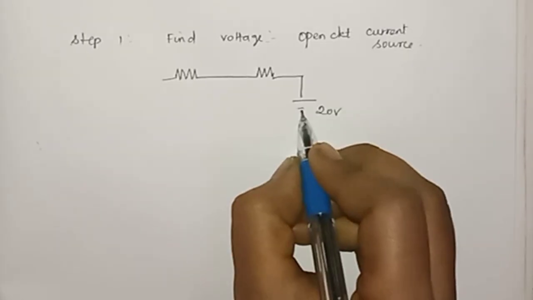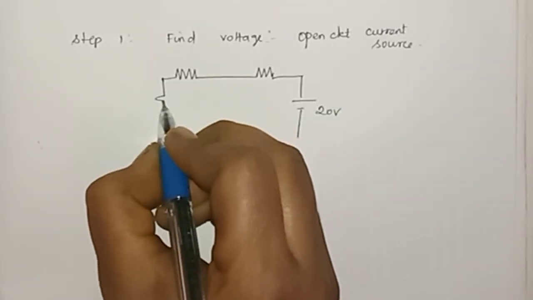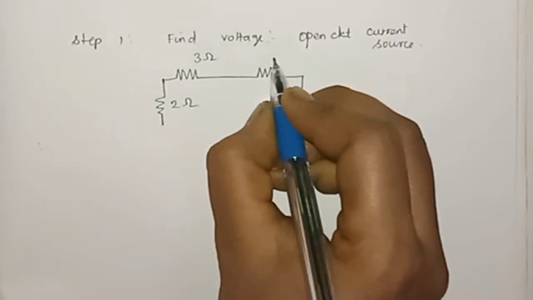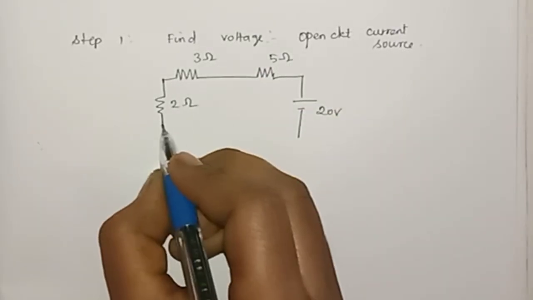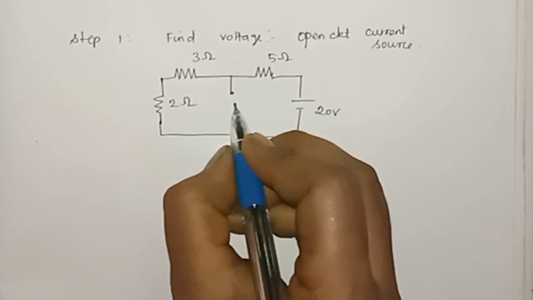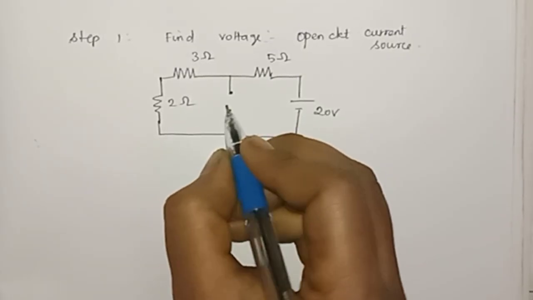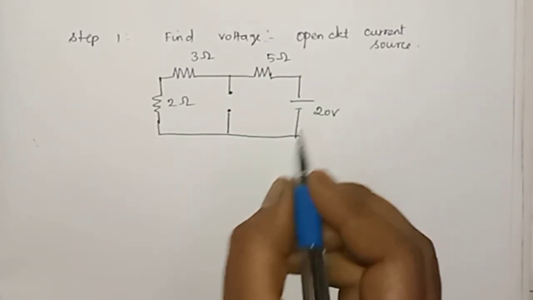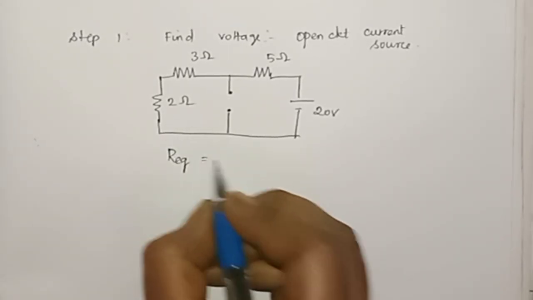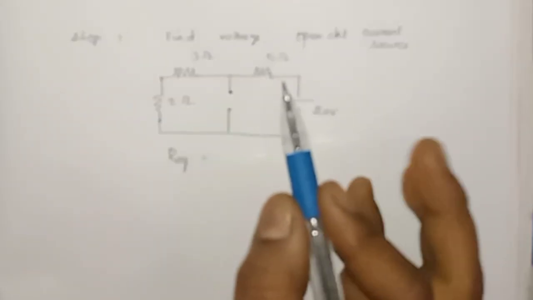The circuit must have only one source, that is the voltage source. The resistors remain the same. The only difference is you have to open circuit the current source, that is, the 8 amp current source is open circuited here.